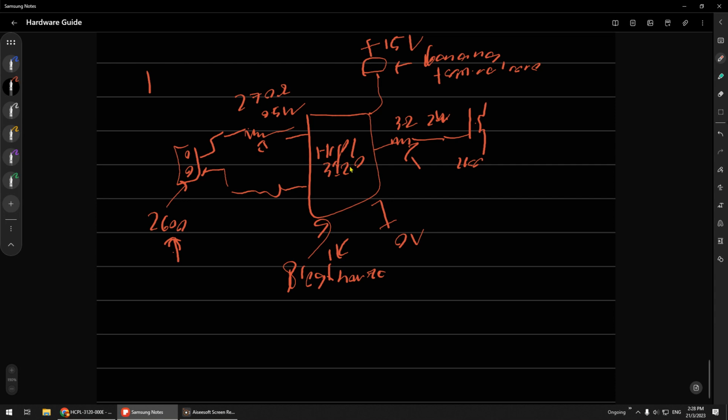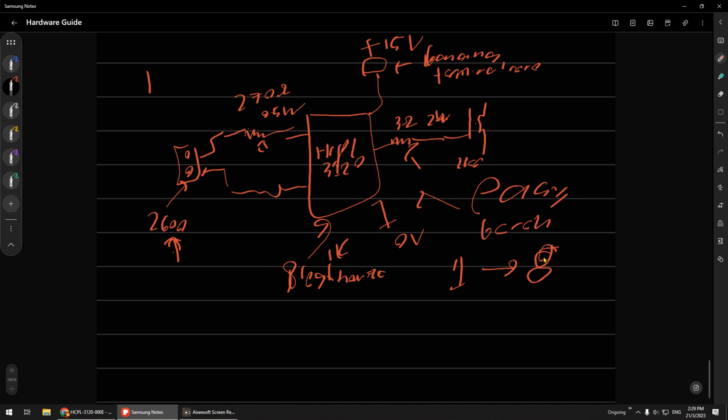And the SCPL 3120 easily breaks. So if you use one, I suggest you buy 5, because it's quite easy to break. Usually 5 also is not enough. Sometimes maybe 8 for safety.